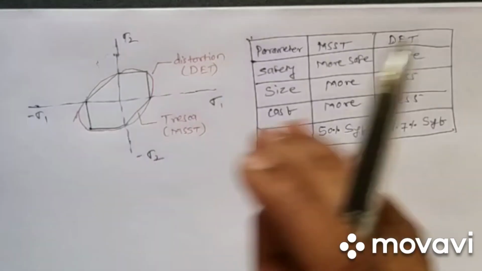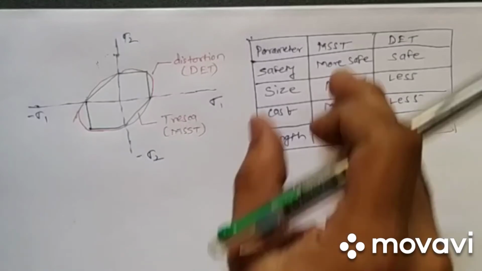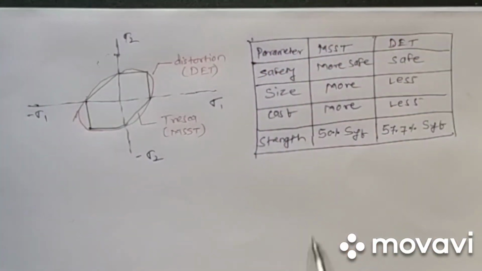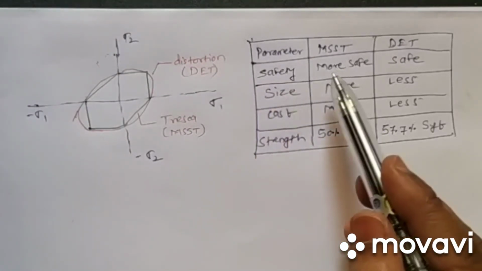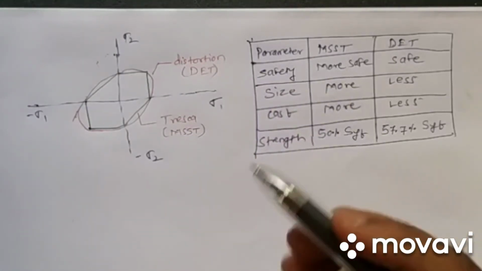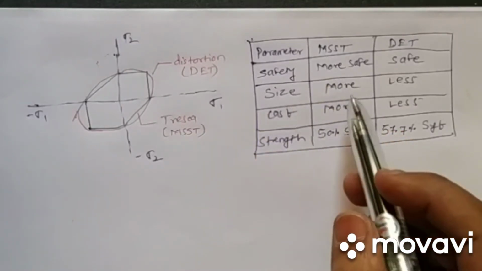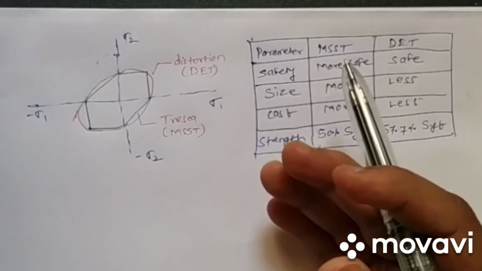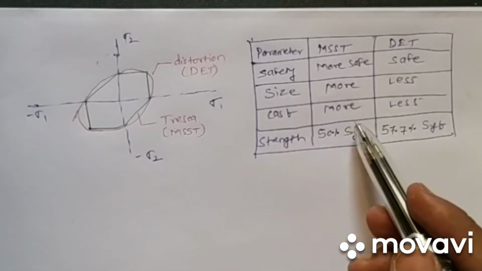So this design is more safe, but it is not necessary to always give more factor of safety, because giving more factor of safety doesn't mean the design is best. While giving more factor of safety you are ultimately increasing the material, so the weight, the size and the cost are also increasing.